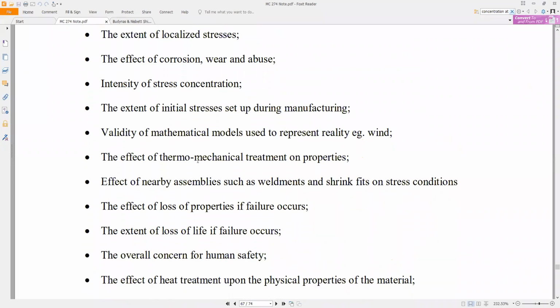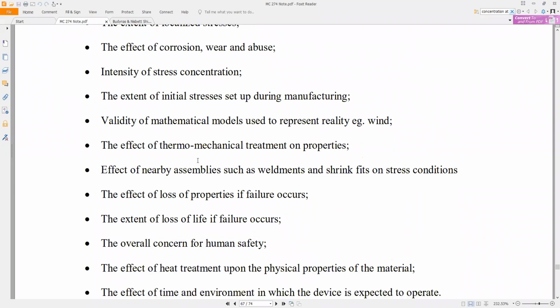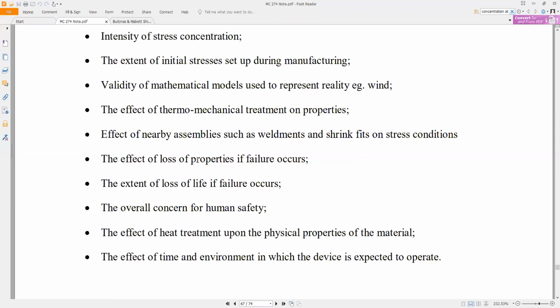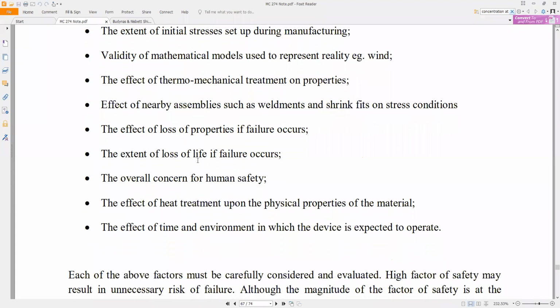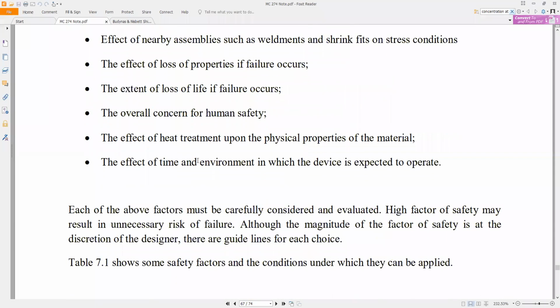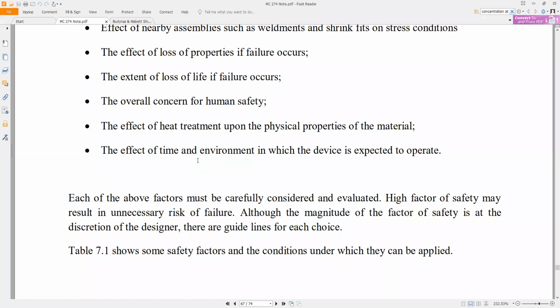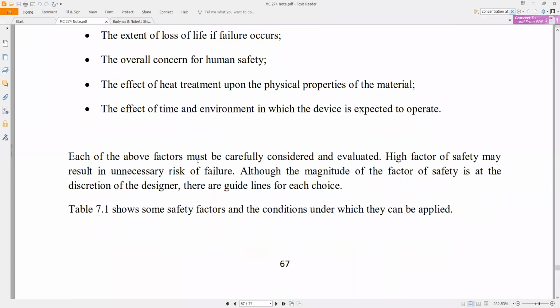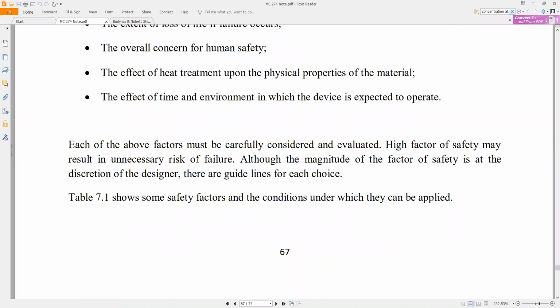And they are all the uncertainties which we need to look at to decide on the factor of safety. Each of the above factors must be carefully considered and evaluated. High factor of safety may result in unnecessary risk of failure.